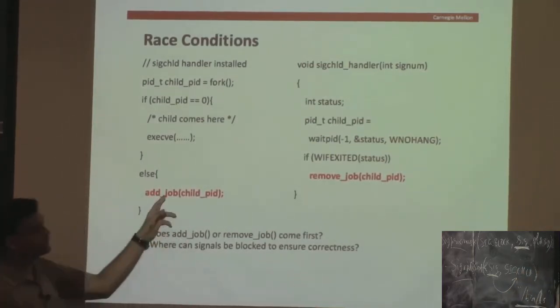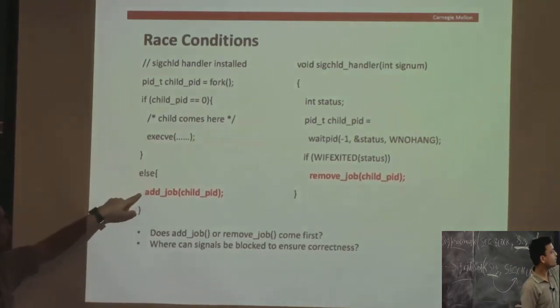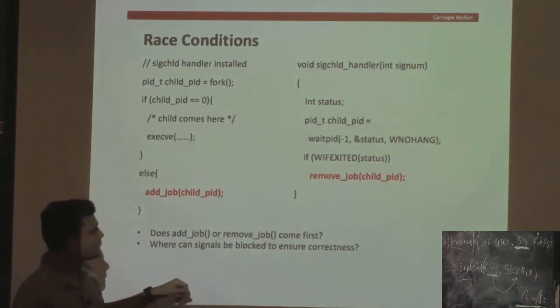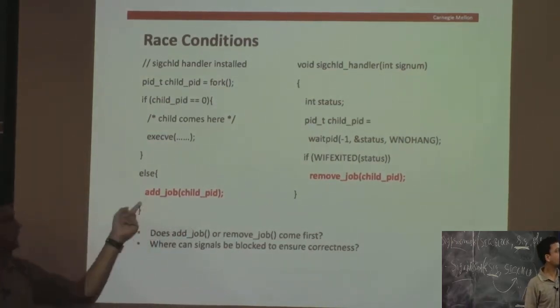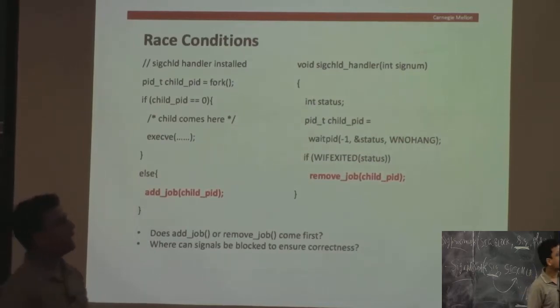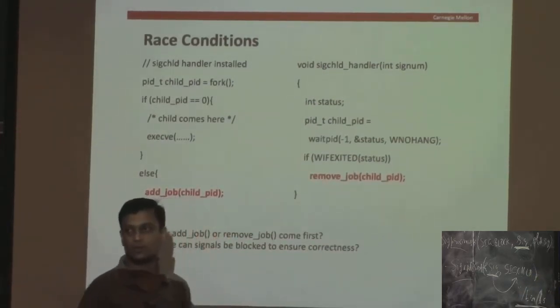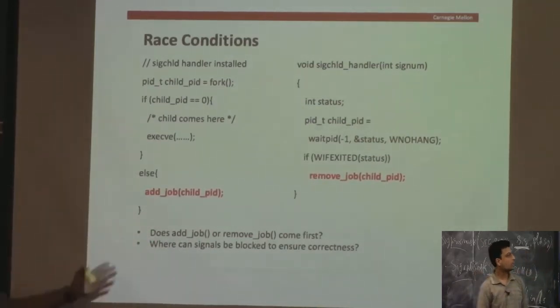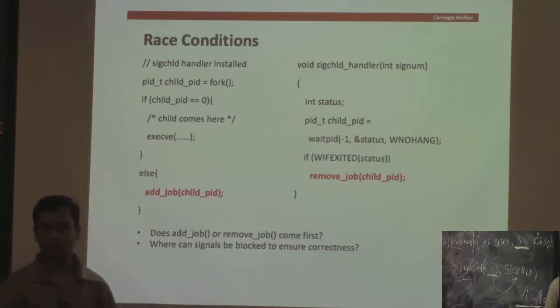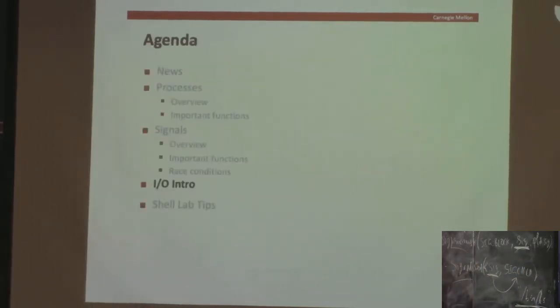What signals you'll have to block is what you'll have to figure out. How do you block signals appropriately to ensure that you first are able to add the job into the job list, and at a later point of time you should be able to remove the job from the job list? This will ensure that you follow concurrency, but for that you'll need to figure out which signals are to be blocked.